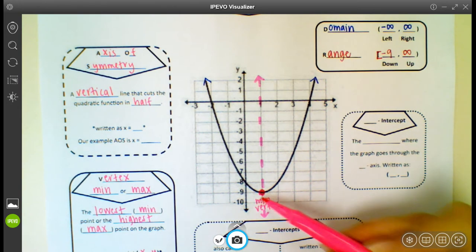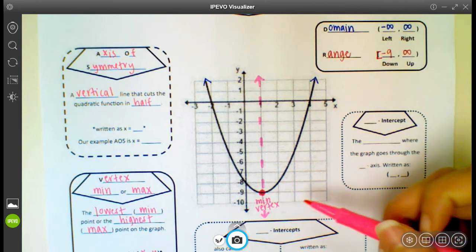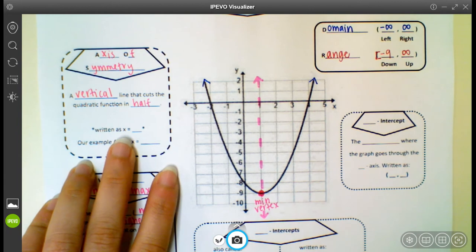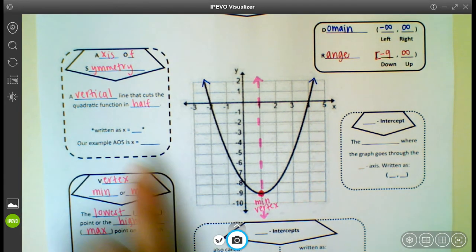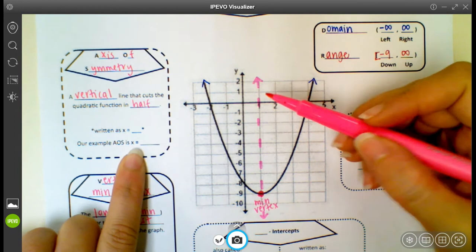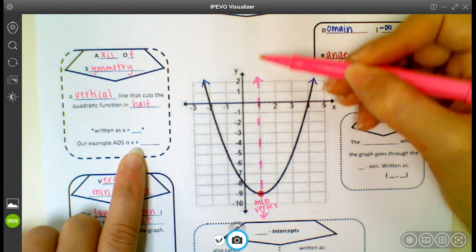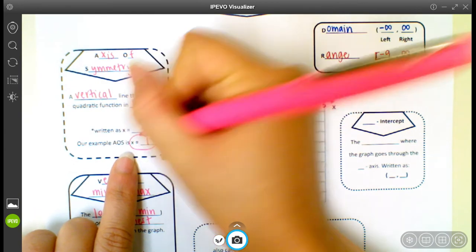So if you find where the vertex is located, the axis of symmetry will be the vertical line through that point. We always write this axis of symmetry as x equals the number that you're slicing through. Our example is slicing through the x value of positive 1. So vertically, our axis of symmetry is x equals 1.